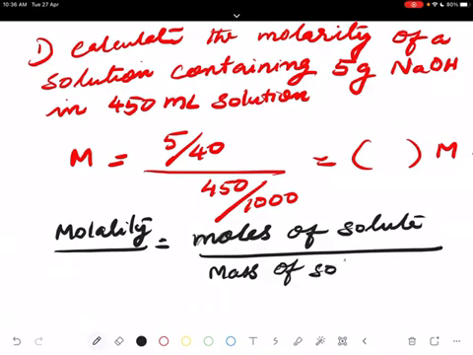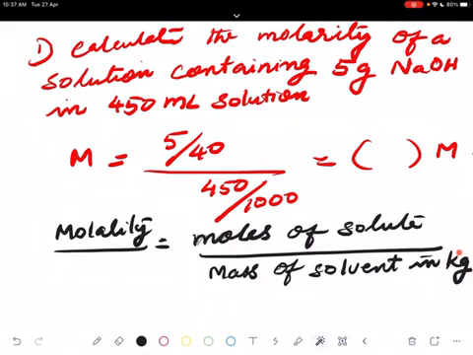If it is given in grams, you have to convert it into kg. In the case of molarity, it was volume of solution in liters. Here it is mass of solvent in kg.